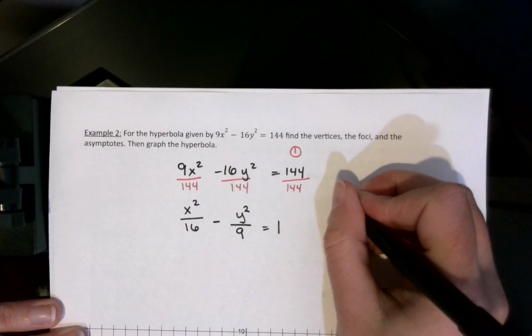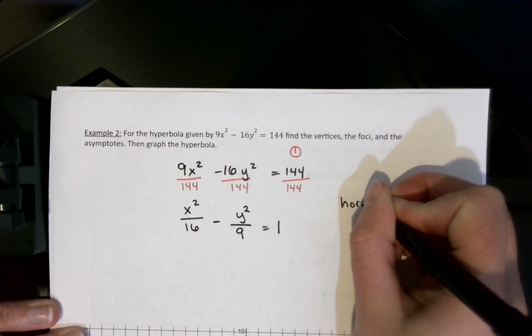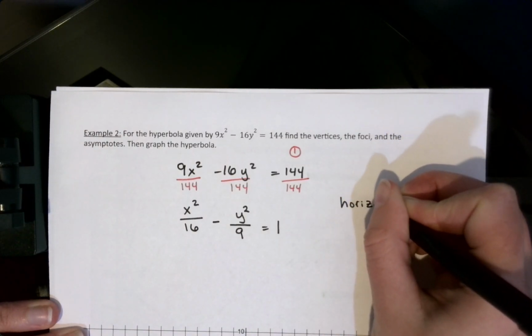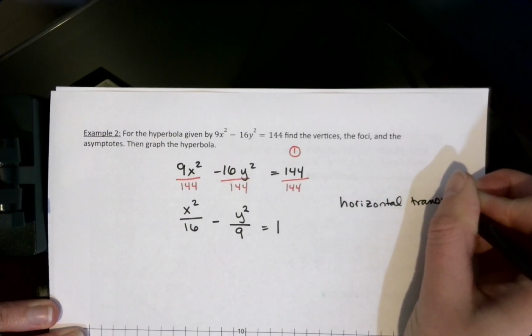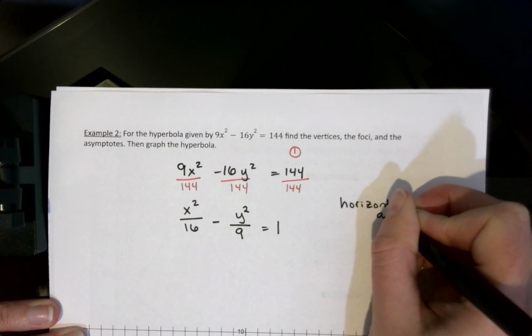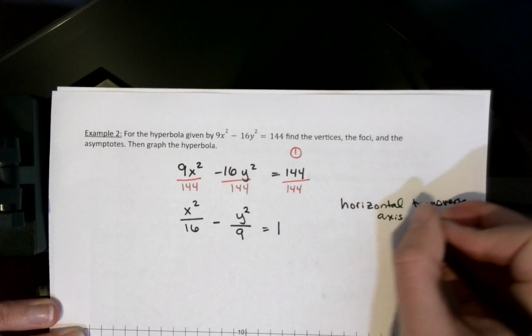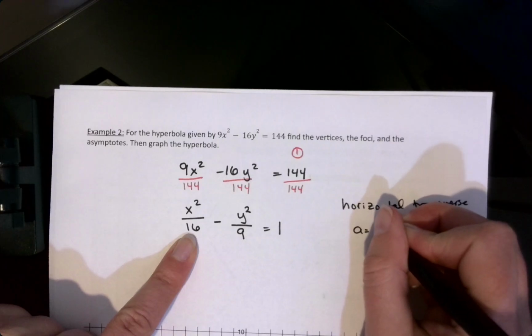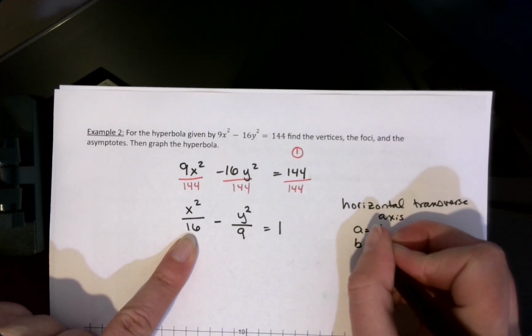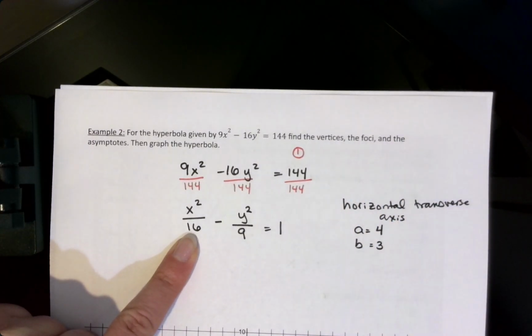Positive x squared, which means I'm going to have a horizontal transverse axis, with a value of 4 and b value 3.